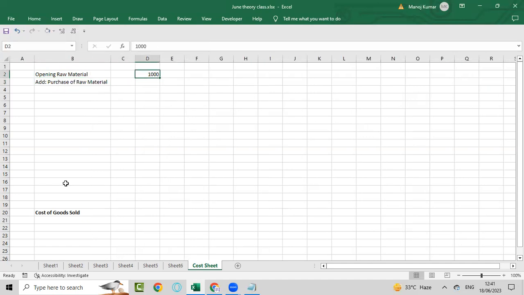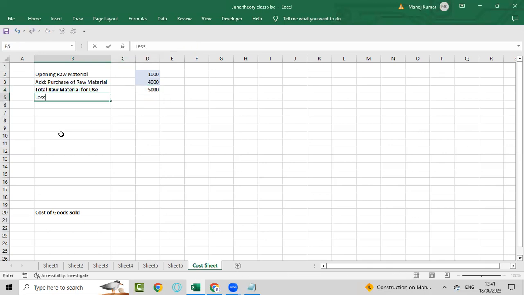So this was the closing of last year, so it became the opening of current year, right? So purchase of raw material, we purchased 4,000 rupees of inventory during the entire period. So period can be 1 year. So now this total 5,000. What is this called? Total raw material for use, for consumption, whatever you want to call it.